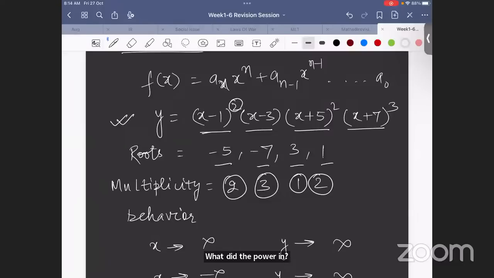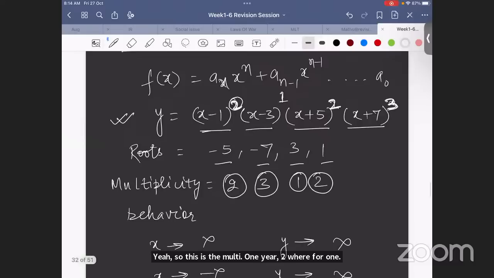Whoever was asking about multiplicity, you are clear, right? At x equals 1, you have 2 repeated roots. The power is 2 here and 1 there. Multiplicity means the number of roots we are getting at that point, not overall. So the multiplicity is 2 for 1, and similarly for 3 you have the power.